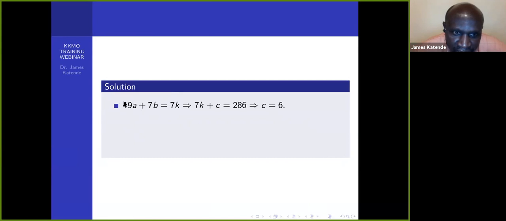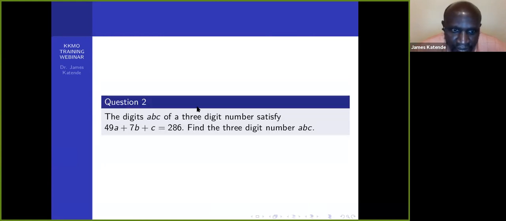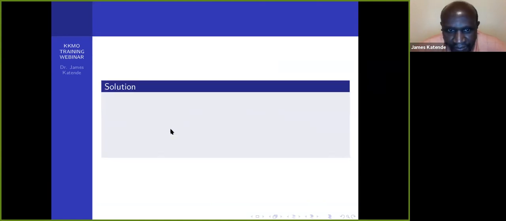So the whole of this expression, 49A plus 7B, can be replaced by a multiple of 7. So if you go back here, we can replace this by 7K plus C is equal to 286. So that's what we have here. 7K plus C is equal to 286.